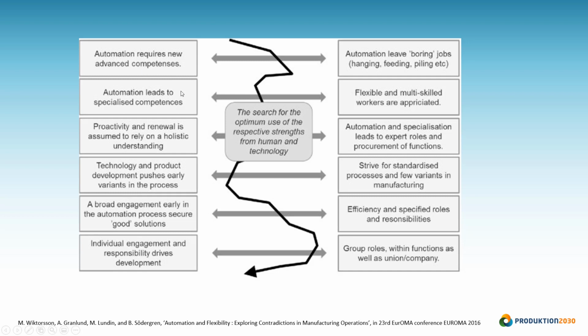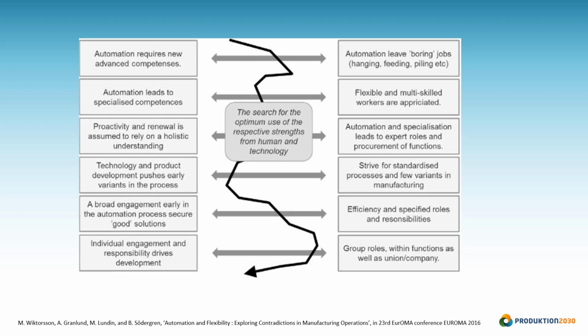Automation leads to specialized competences. Proactivity and resolve is assumed to rely on holistic understanding. Technology and product development pushes early variants in the process. A broad engagement early in the automation process secures good solutions, and individual engagement and responsibility drives development. So these are some of the factors that they have seen when they interviewed companies.